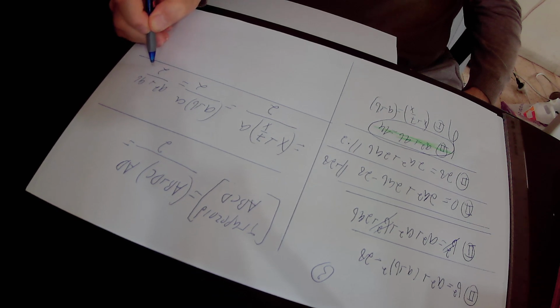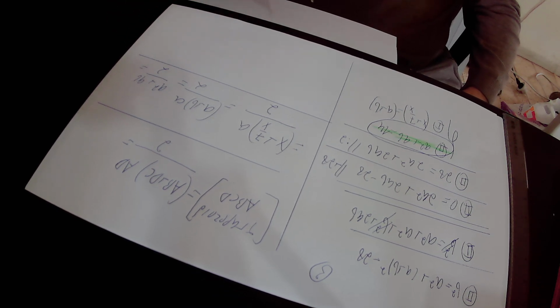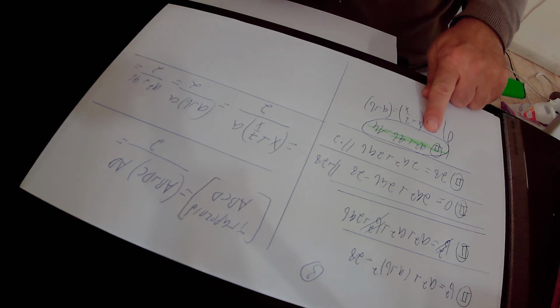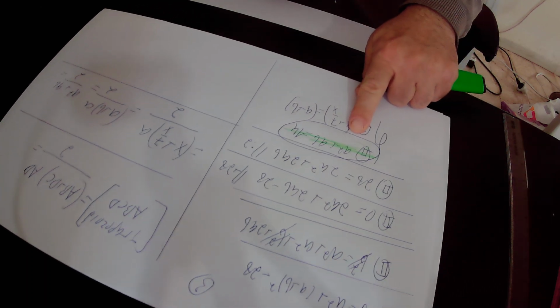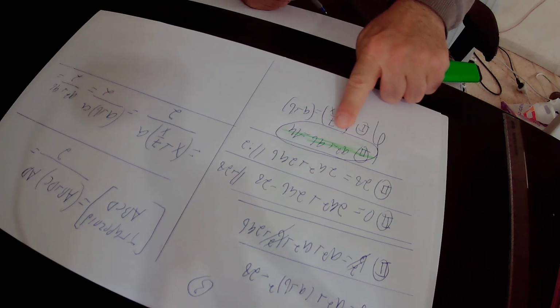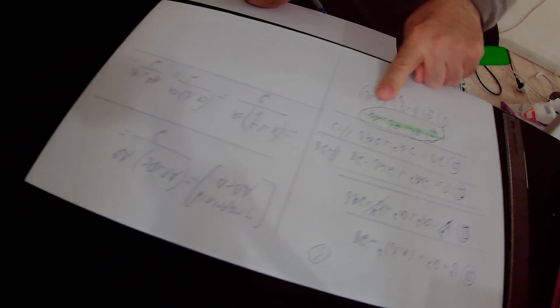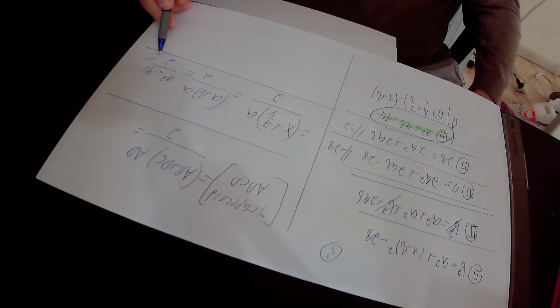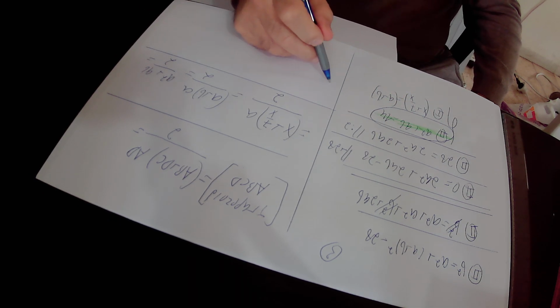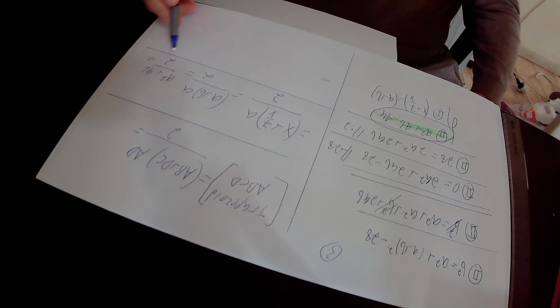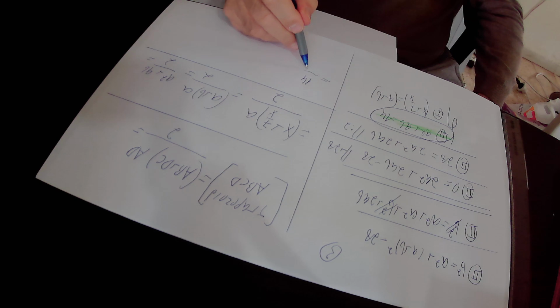In conclusion, the area of trapezoid ABCD equals a squared plus ab over 2. But we have already found out that according to equation 2, a squared plus ab equals 14. Therefore, we can substitute a squared plus ab in this expression by 14. We get that a squared plus ab is 14, divided by 2. 14 over 2 is 7.